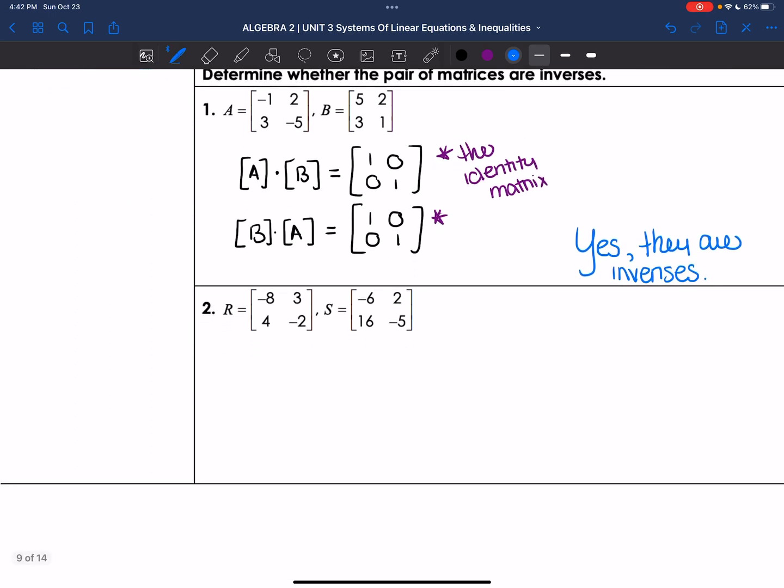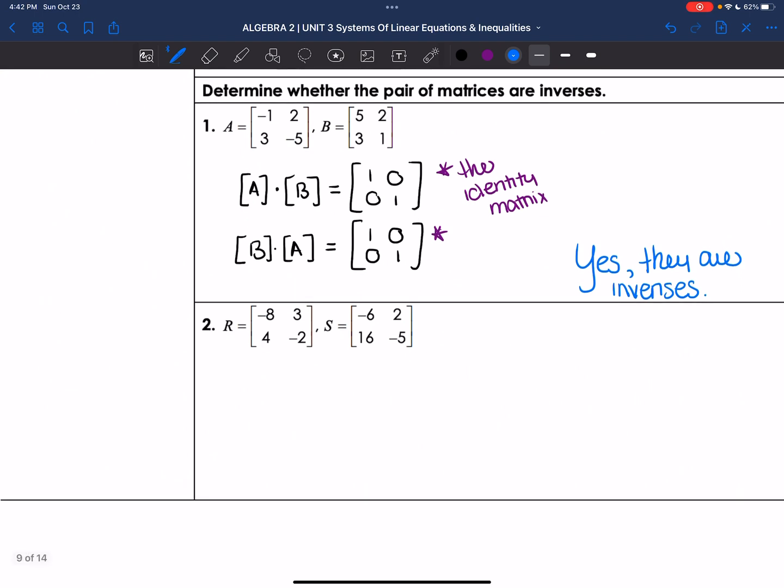Let's take a look at this next one too. Let's determine if these are matrices that are inverses, yes, or not inverses, no. Once again, to determine this, we're going to need to take matrix R and S and multiply them.